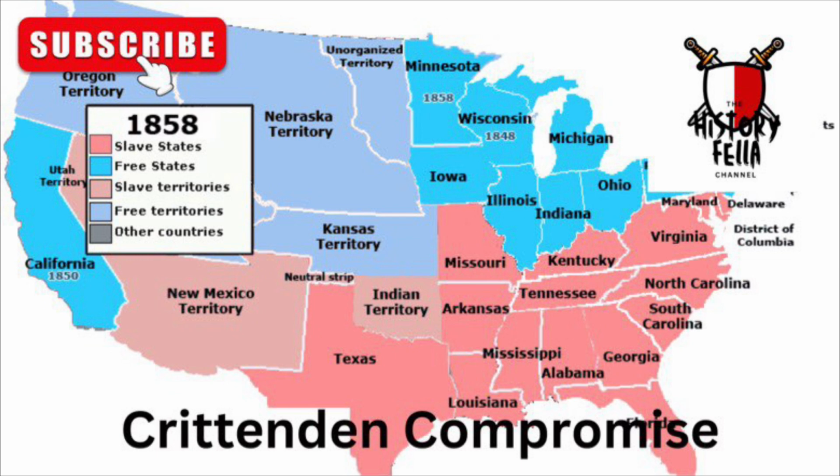Furthermore, property in African slaves was to be protected by all departments of the territorial government during its continuance. States would be admitted to the Union from any territory, with or without slavery as their constitutions provided.